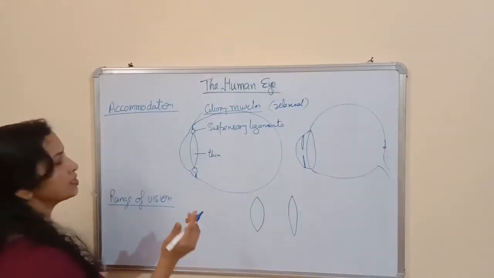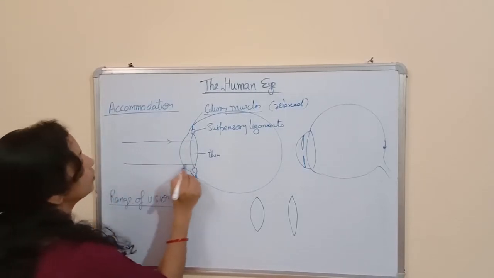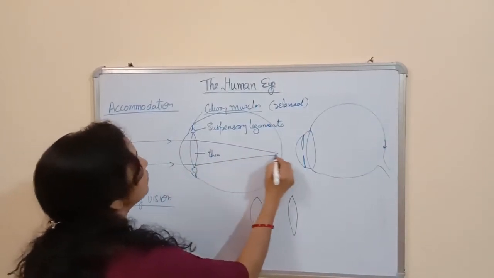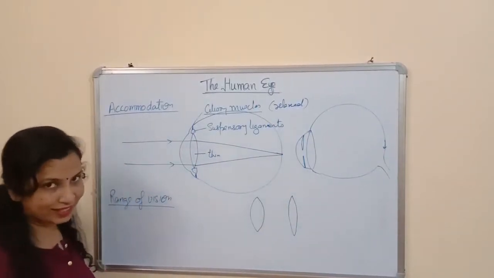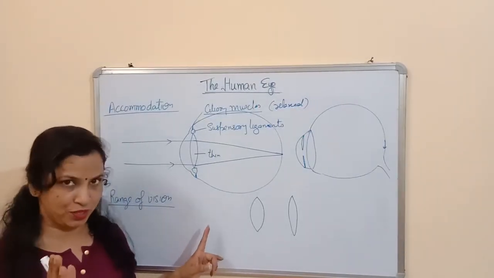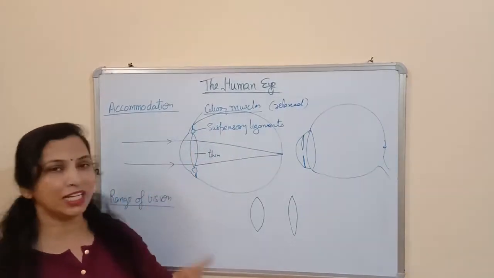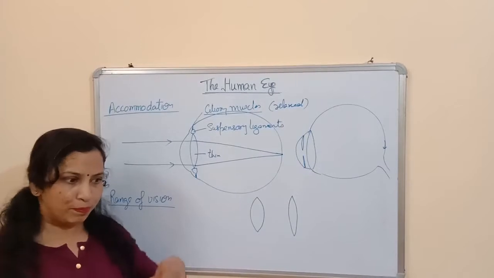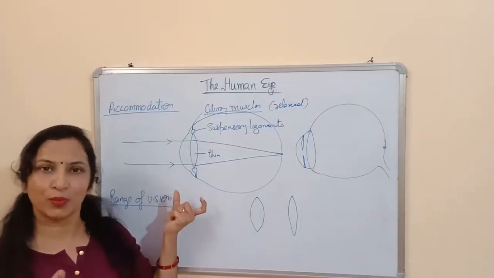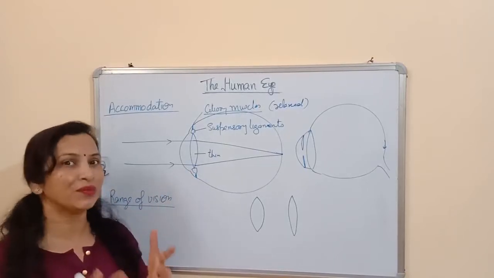Its focal length increases so that it can converge the light rays which are coming parallel from the infinity object to the retina, and that's why we are able to see the distant object clearly.